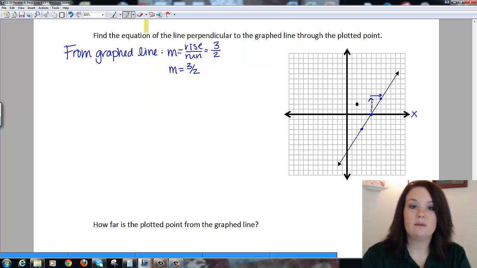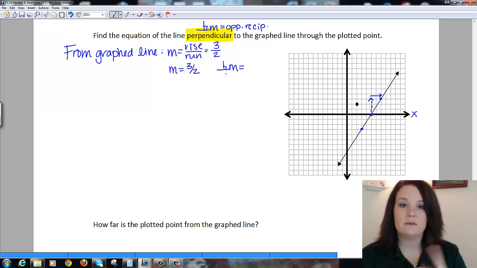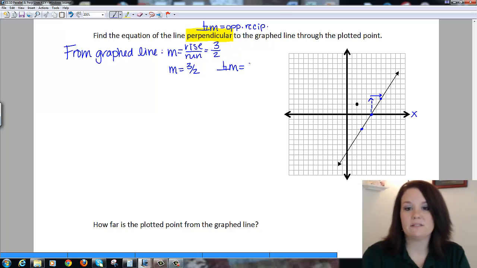Okay, so I look at my problem, we want perpendicular slope. So if it's perpendicular slope, that means we want the opposite reciprocal. So for my perpendicular slope, I'm going to flip 3/2 upside down and make it negative, which means my perpendicular slope is negative 2/3.